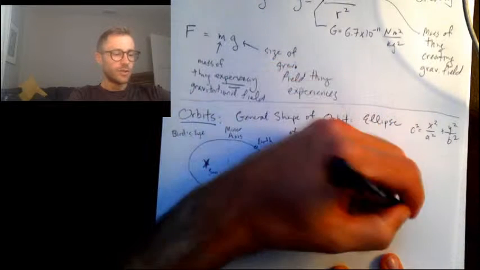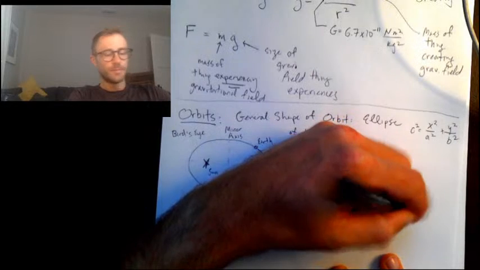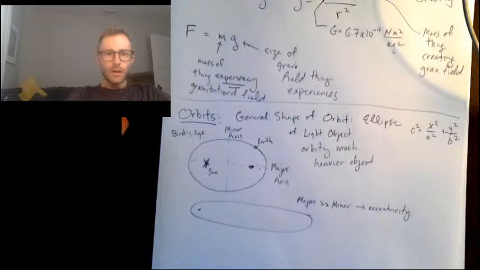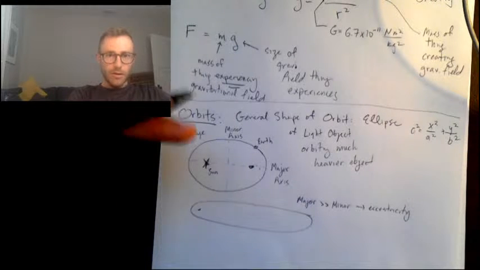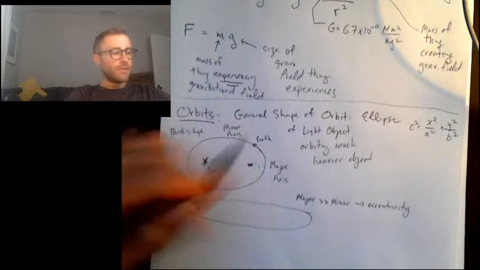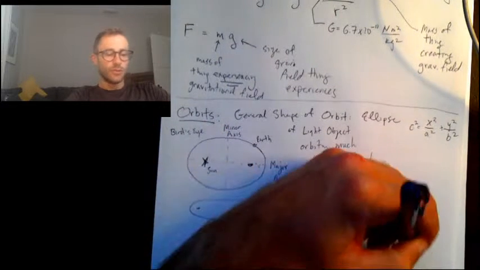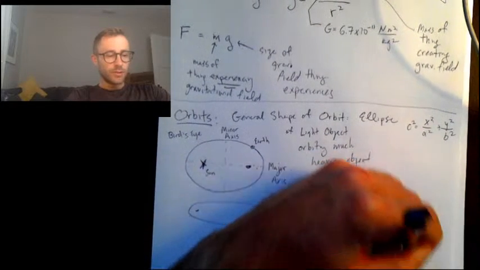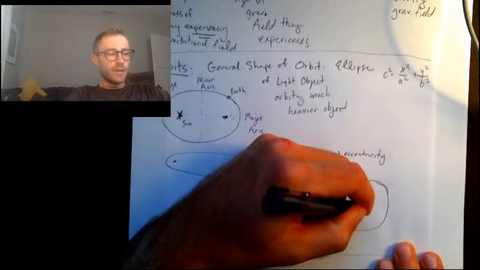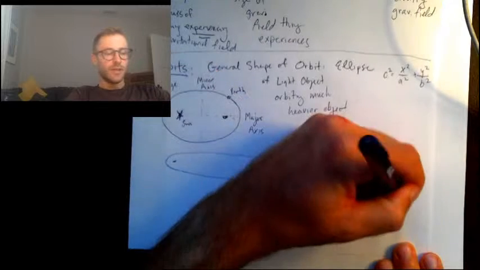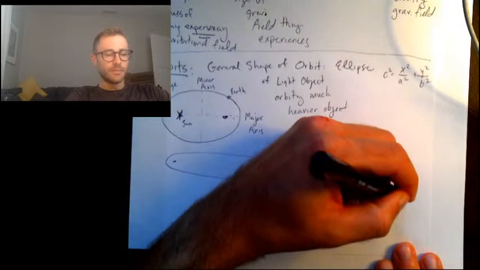It's an eccentric orbit. Low eccentricity: if it's a circular orbit, because a circle is a special case of an ellipse, then this basically has no eccentricity.